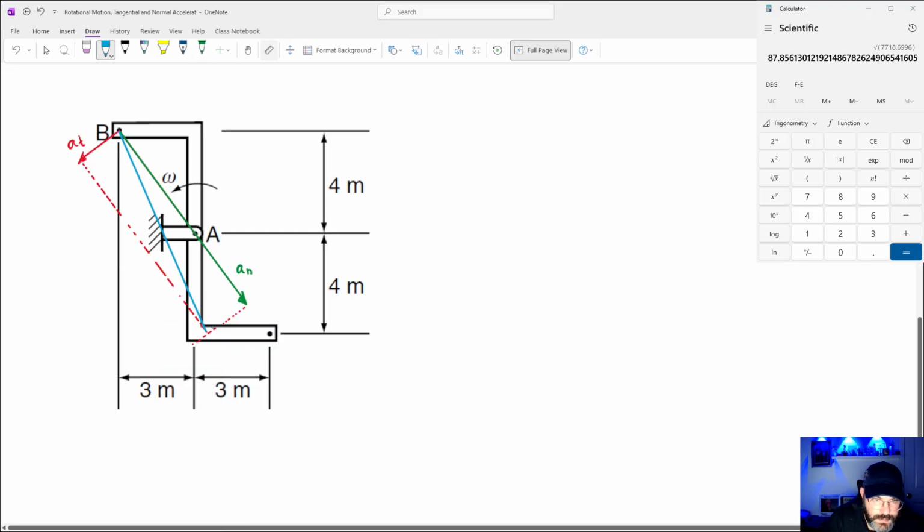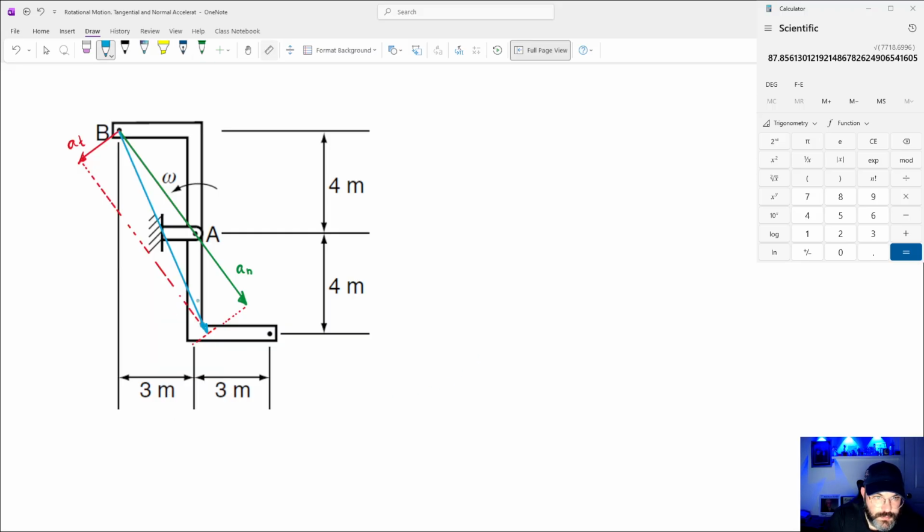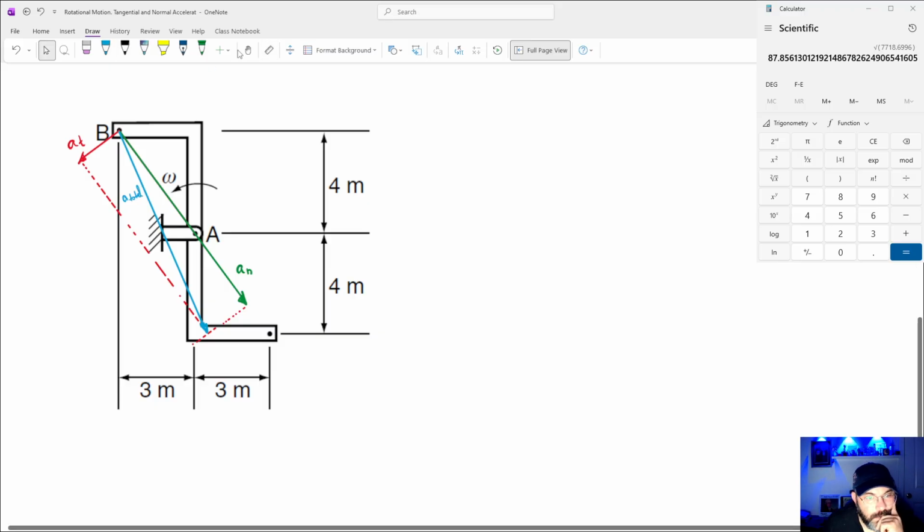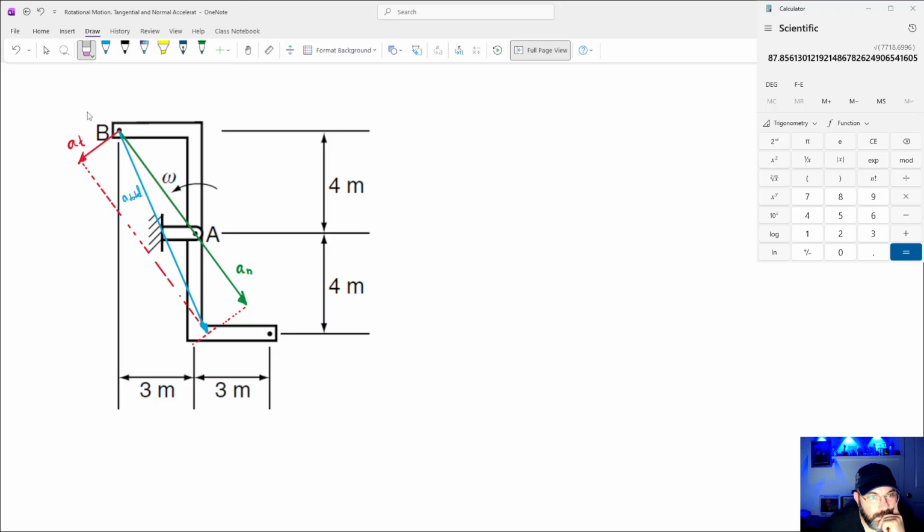Okay, and this is going to be our total. So this is the total vector, the total acceleration vector.